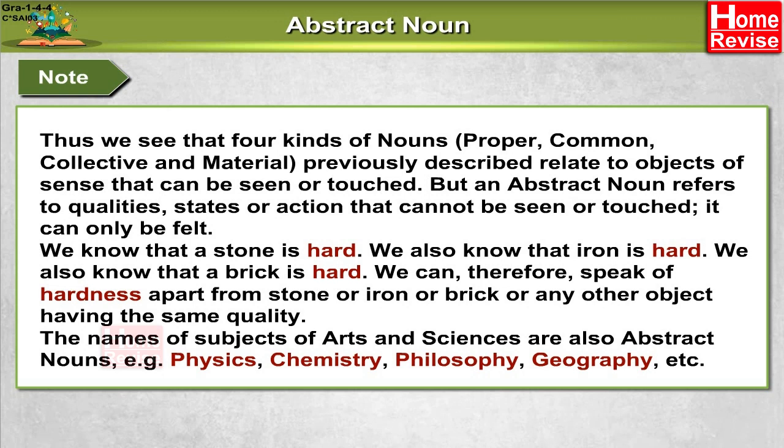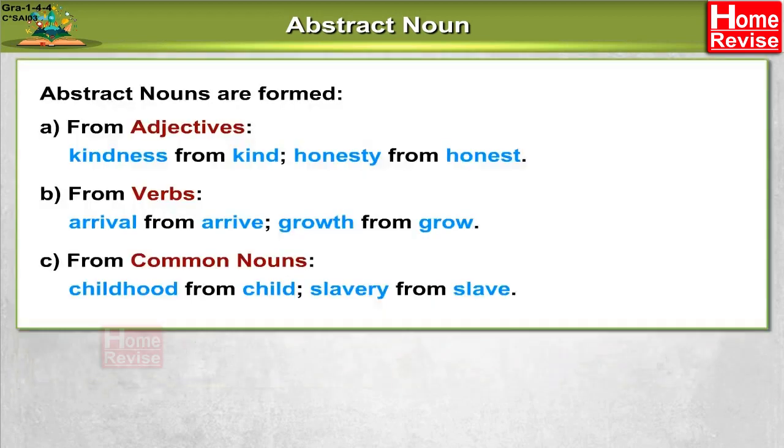quality. The names of subjects of arts and sciences are also abstract nouns. Example: physics, chemistry, philosophy, geography, etc. Abstract nouns are formed: A. from adjectives, kindness from kind, honesty from honest.